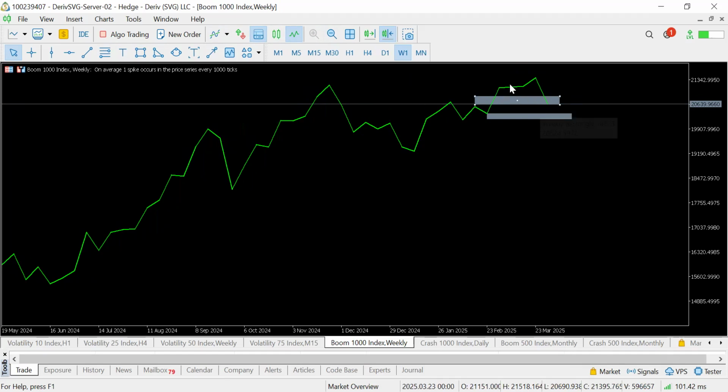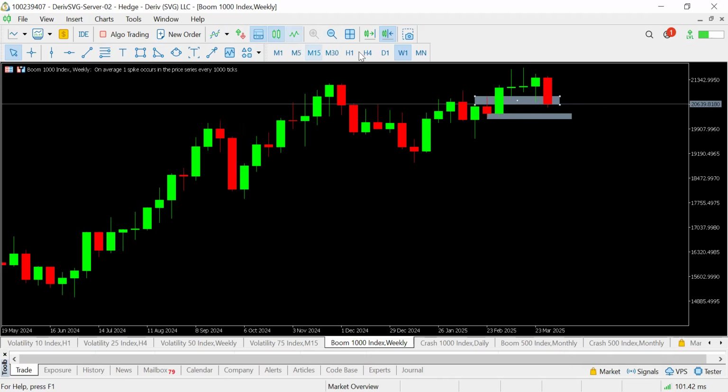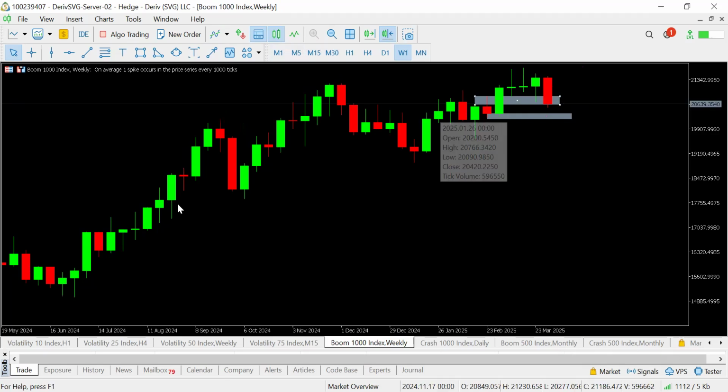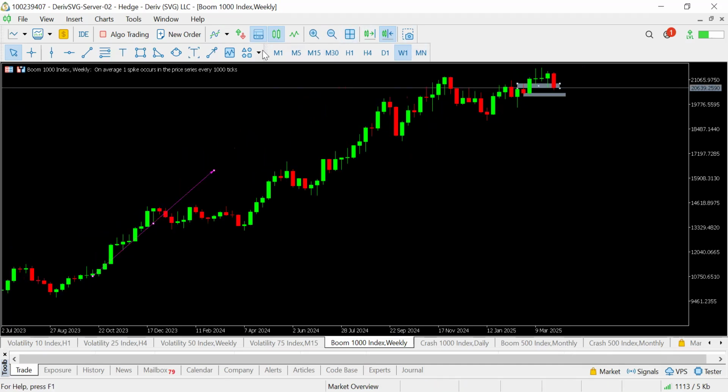It's because price is expected to, or can be predicted to, retrace into this point and then continue upwards, or it can break this point, get to this other part below, and then go back upwards.